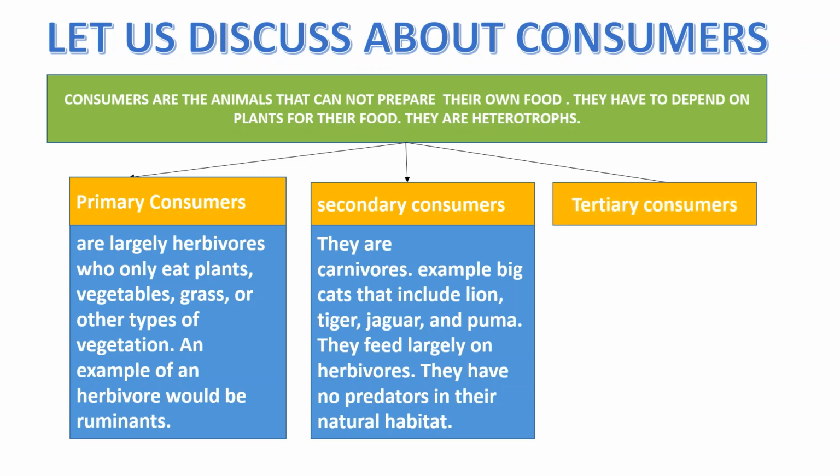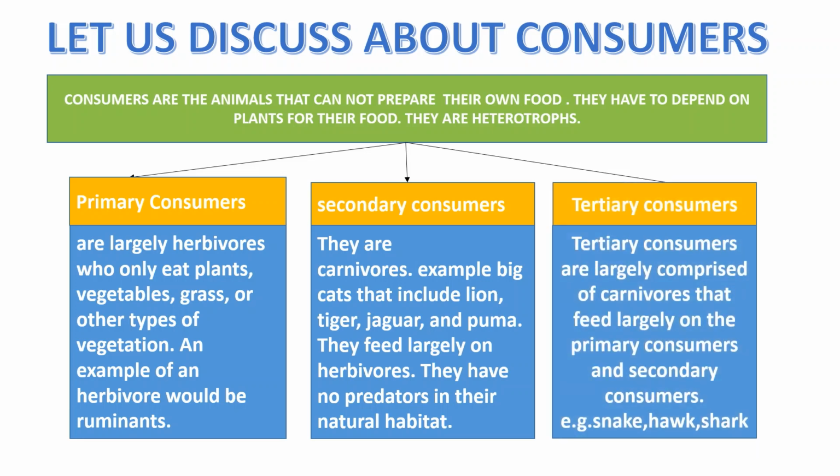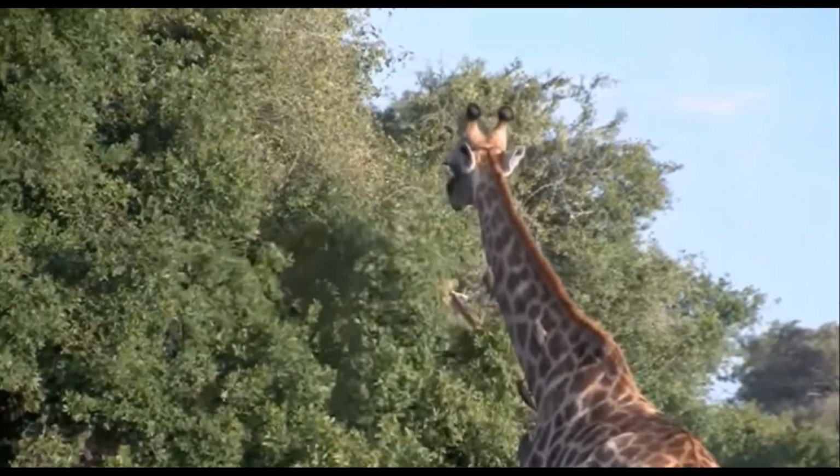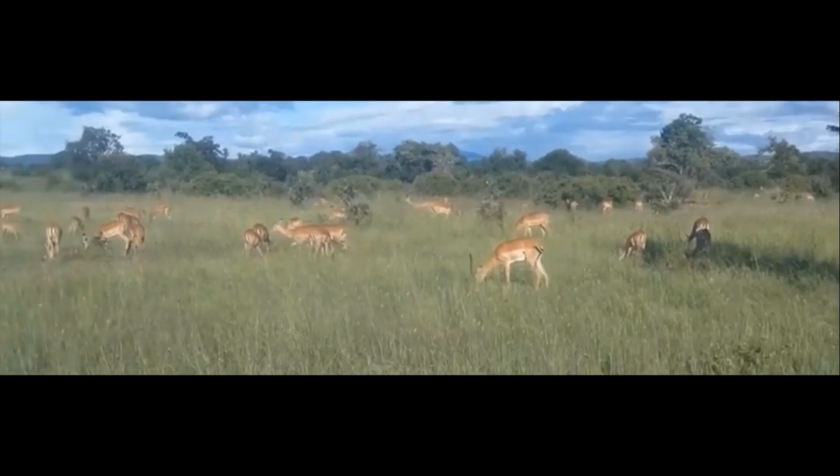Next, tertiary consumers. They are largely carnivores that feed on the primary consumers and secondary consumers. Examples are snake, hawk and shark. Herbivores are the animals that depend on plant materials.